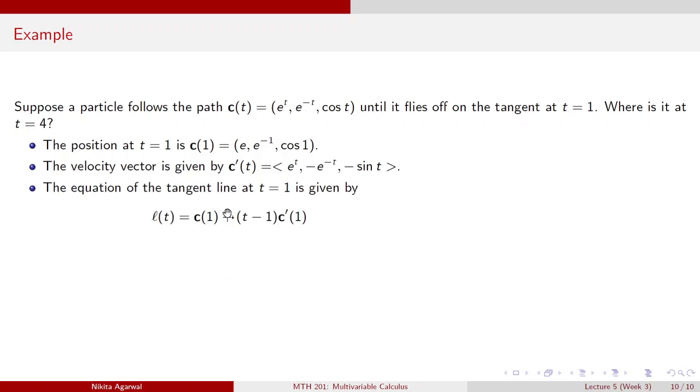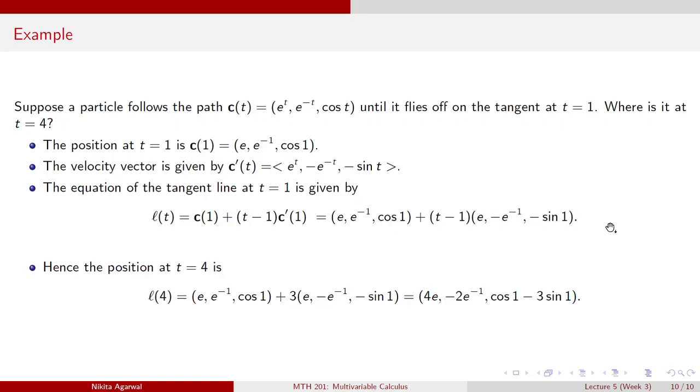So what is the equation of the tangent line at t equal to 1 from the previous slide? It is given by L(t) equal to c(1) plus (t minus 1) c prime 1, which comes out to be this. I have just substituted c(1) and c prime 1 from the previous two points. Hence, till t equal to 1 you were on the curve, but after t equal to 1 you are on the tangent line.